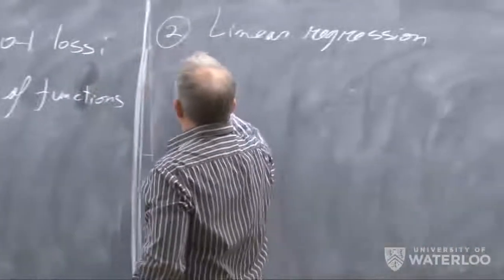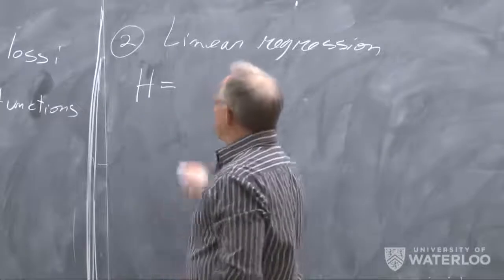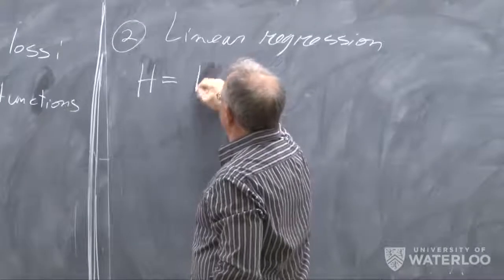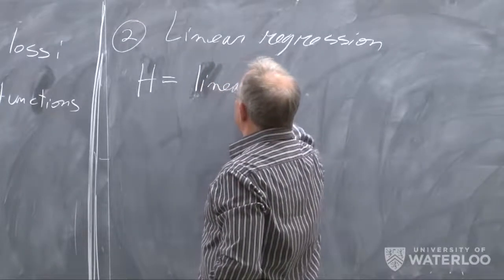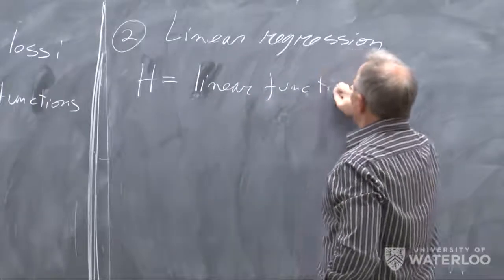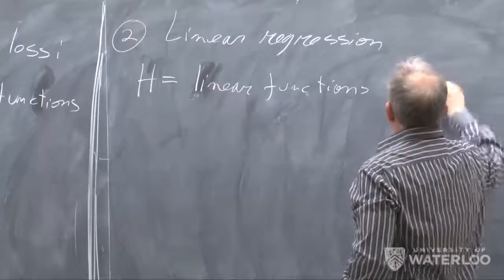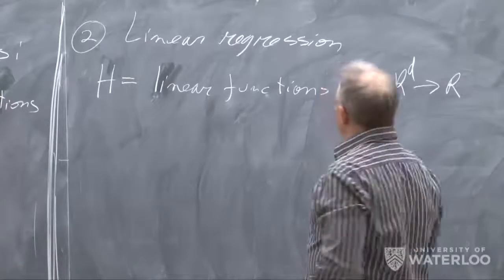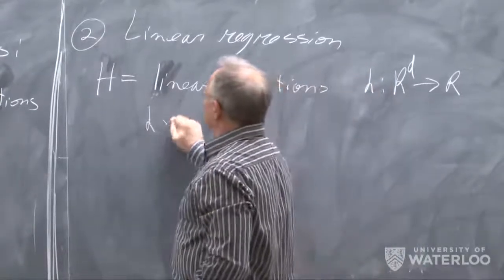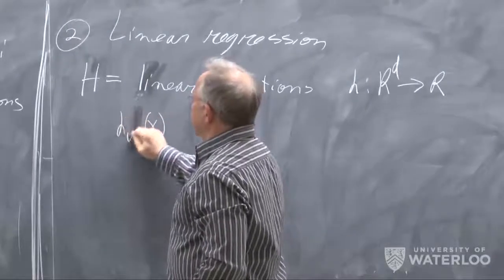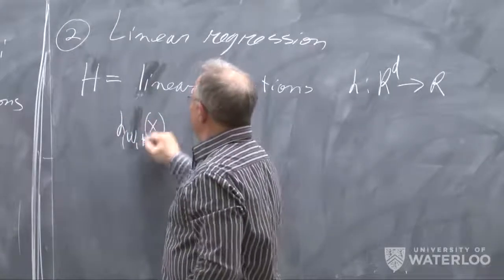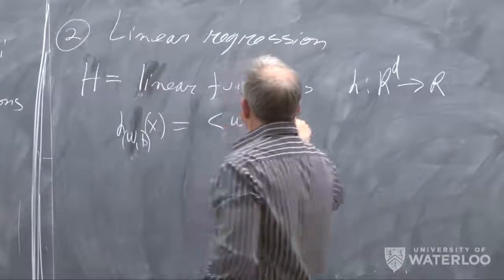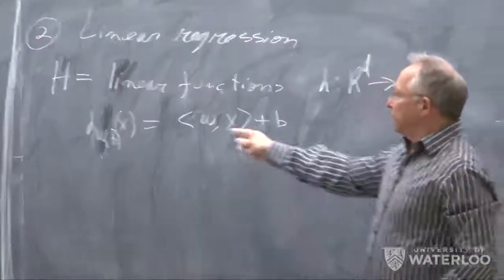H is the family, the class of all linear functions h from R^d to R, and h is determined by some vector w and some b, where h_{w,b}(x) is the dot product w·x plus b. So this is just a linear predictor.